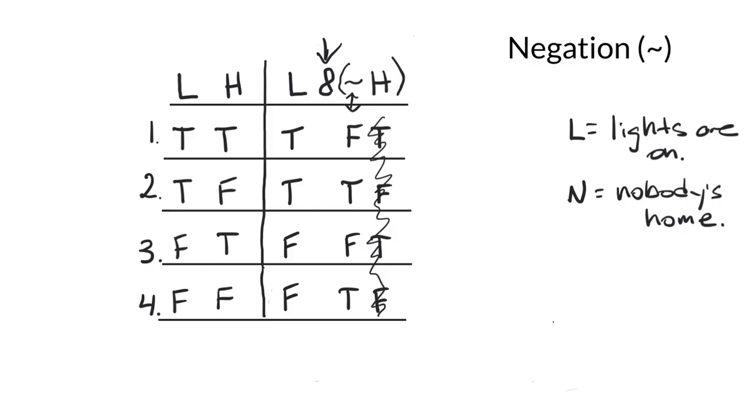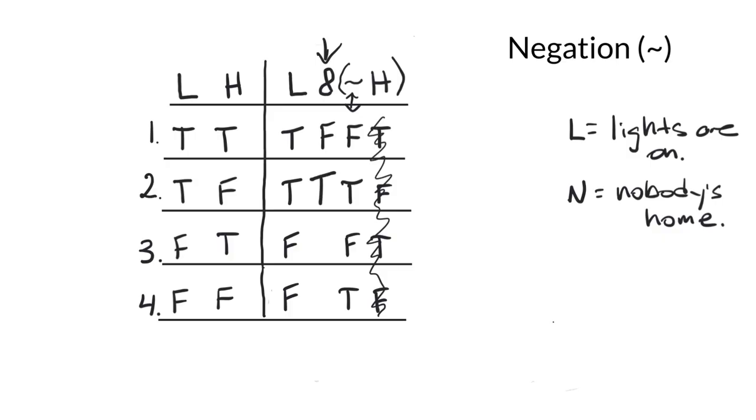We know that the conjunction is true only when both conjuncts are true. In row 1, we've got a true left conjunct and a false right conjunct. So that one's going to be false. Row 2 has L is true and the negated H is true. So that case is going to be true.